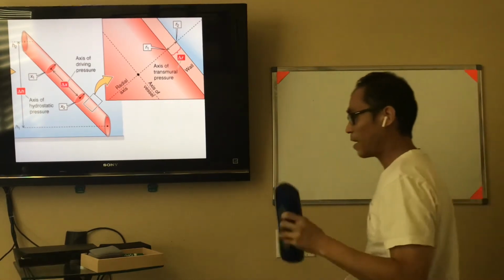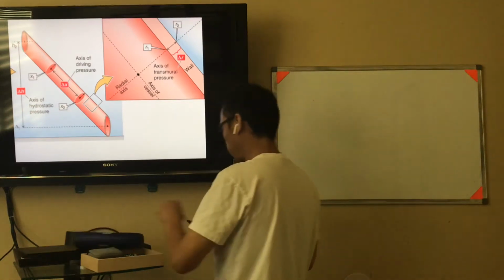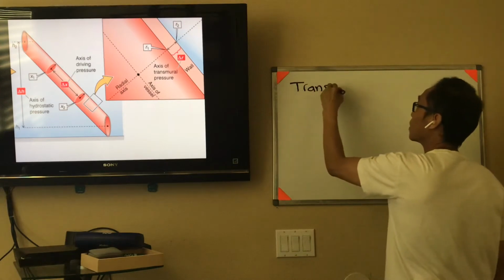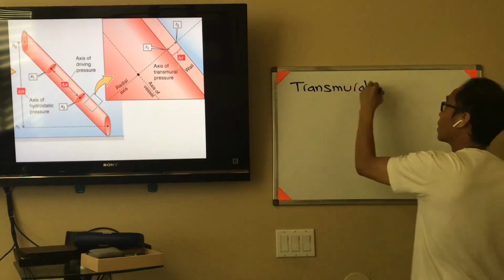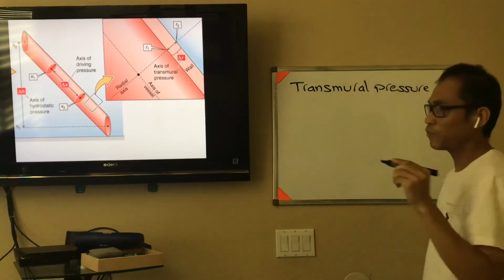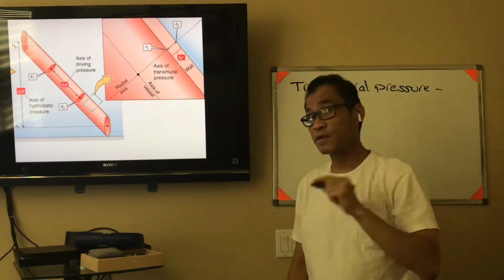The next one I'll define is the transmural pressure. Transmural pressure is the pressure difference across the vessel wall.